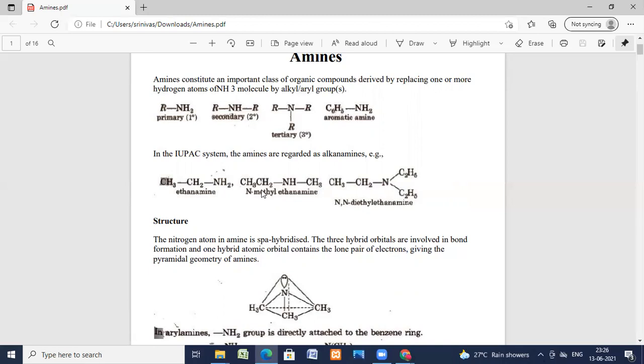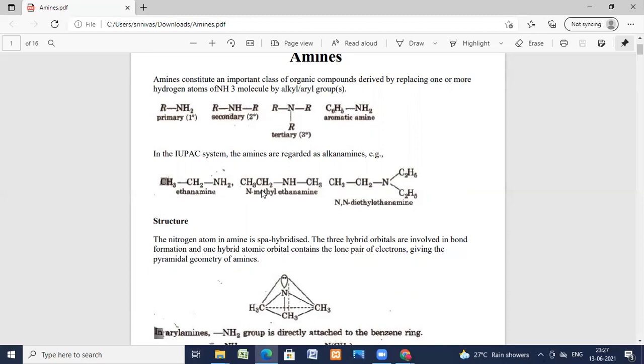For the IUPAC system, primary amines are named as amino derivatives of the corresponding alkanes. Secondary and tertiary amines are regarded as N-alkyl substituted derivatives of amines. Methylamine can be called methanamine. Ethylamine can be called ethanamine. Dimethylamine, the common name, can be called N-methylmethanamine in the IUPAC system.